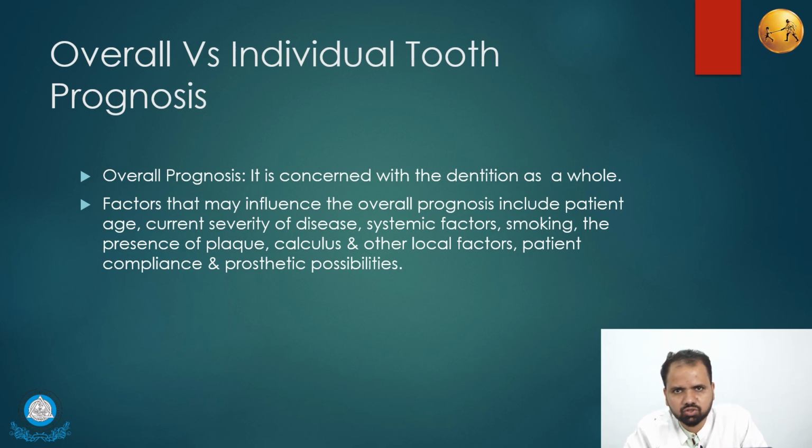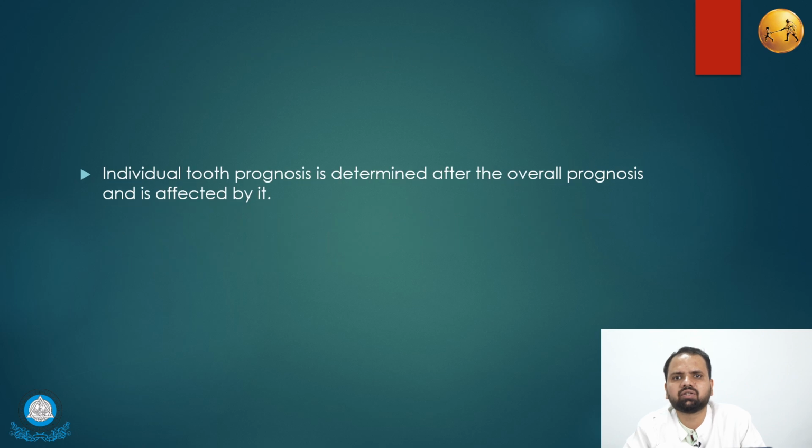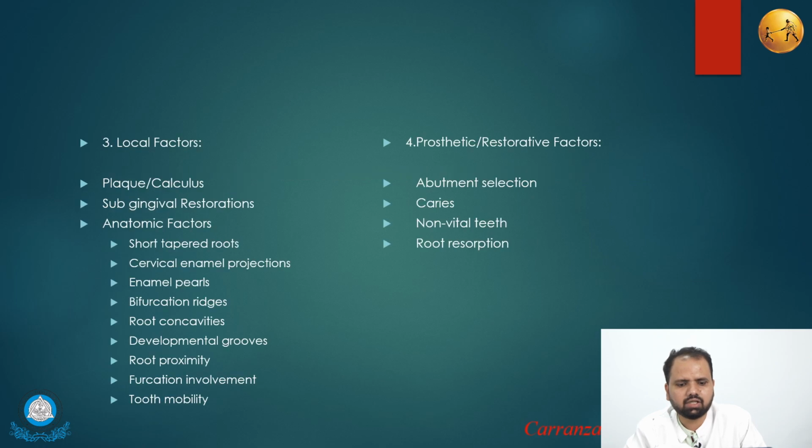Then the individual prognosis is more concerned with the singularity of the teeth which are present. So it is localized to factors such as the presence of root concavities, presence of cemental enamel projections, the type of bone loss which is present, the type of pockets which are present, whether they are intrabony or suprabony, then the type of developmental grooves, proximity of the root, tooth mobilities.